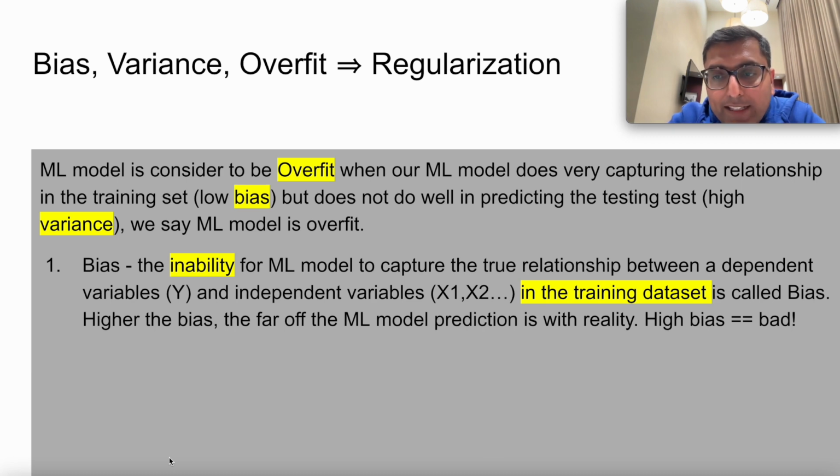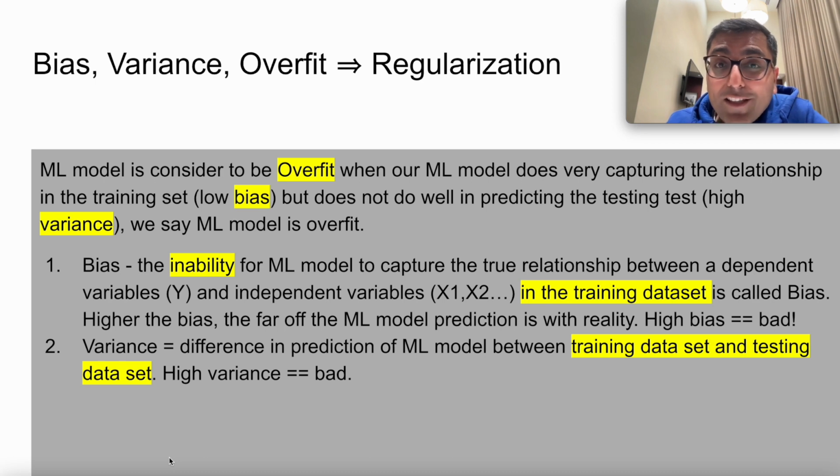In the training data set, if it cannot capture the true relationship, then we say it has high bias, right? So high bias is bad, because if it can't even capture in the training data set what X predicts for Y, in this case weight predicting height, then we say it has high bias. It cannot learn; it has not learned enough from the training data set.